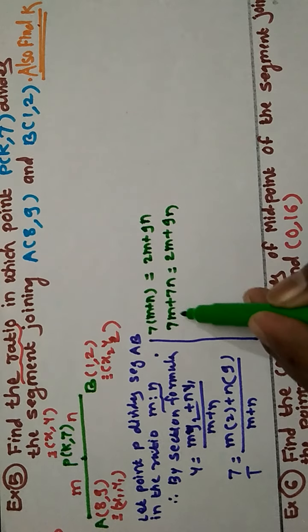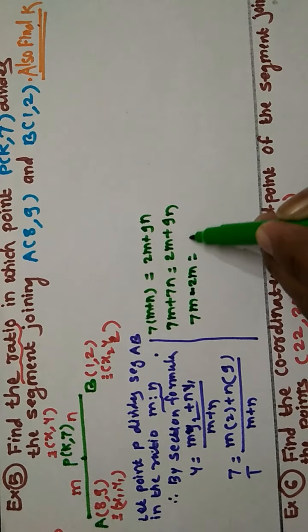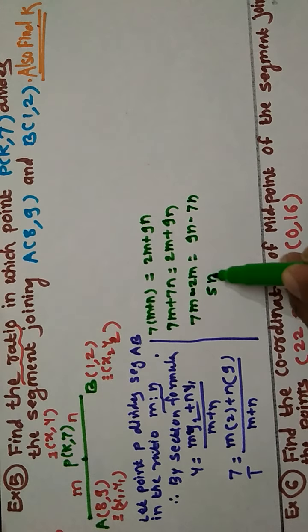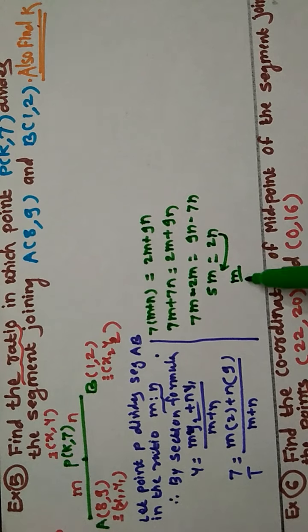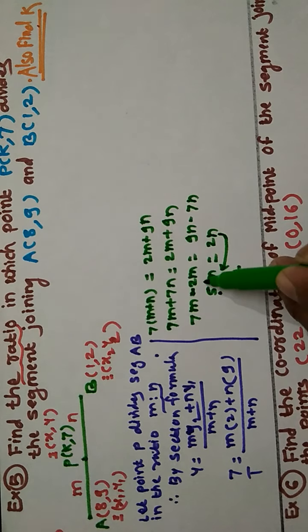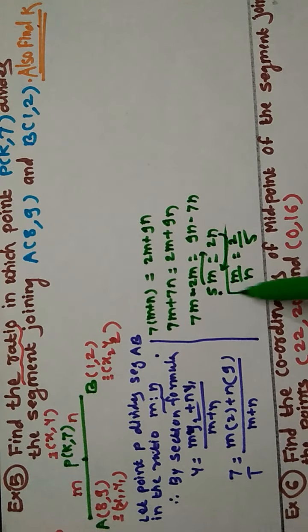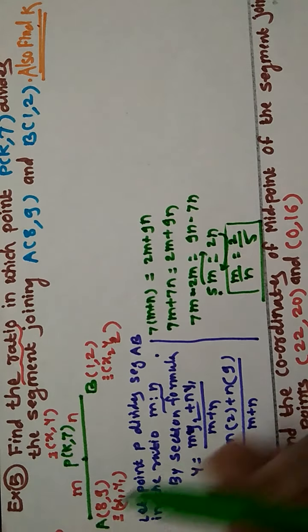Bringing 2m to this side, 7m minus 2m is equal to 9n minus 7n, means 5m is equal to 2n. Dividing by n on this side, m divided by n, then dividing by 5, we get 2 upon 5. So the required ratio is 2 upon 5.